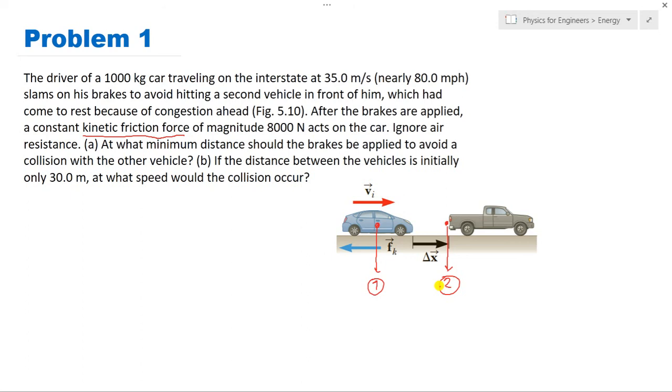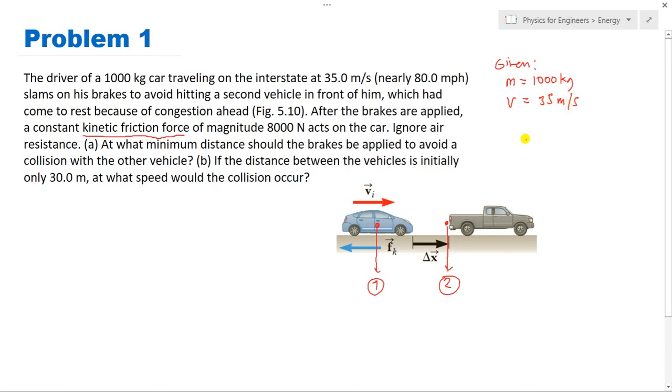So here, don't forget to write the given. So what are the given, class? The given, we have the mass of this blue car, which is abbreviated as M, equals 1,000 kilogram. What else? We have the velocity of the blue car equal to 35 meters per second.